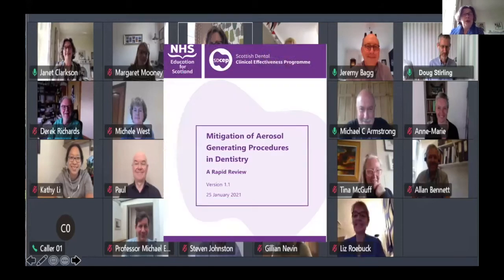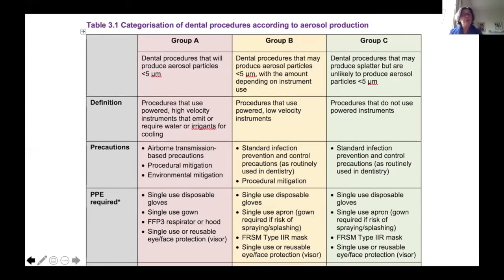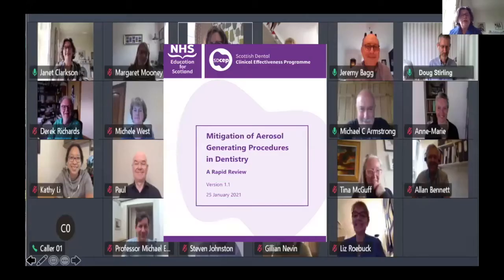I think it was within 13 weeks that we produced this document, Mitigation of Aerosol Generating Procedures in Dentistry, a rapid review. I'm sure you're aware of the methods of a rapid review, and they are the ones that we applied.